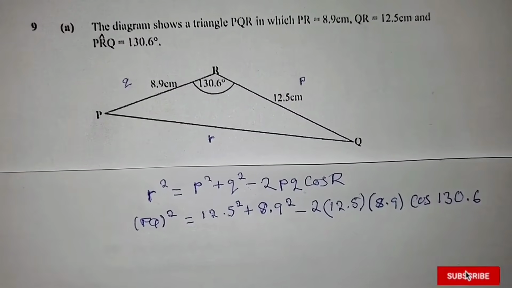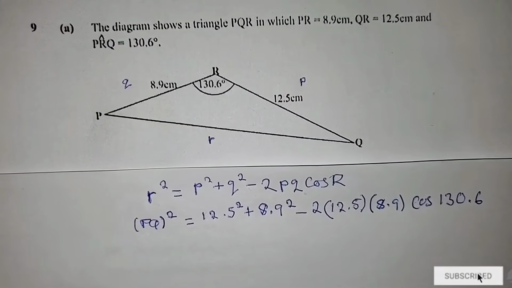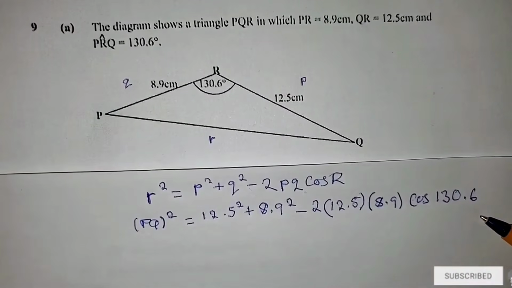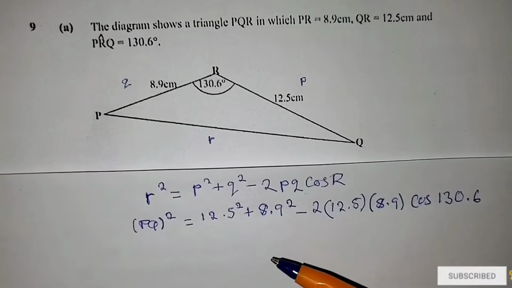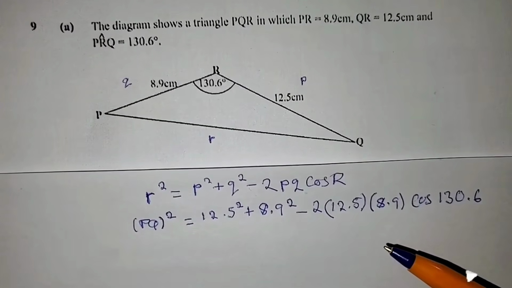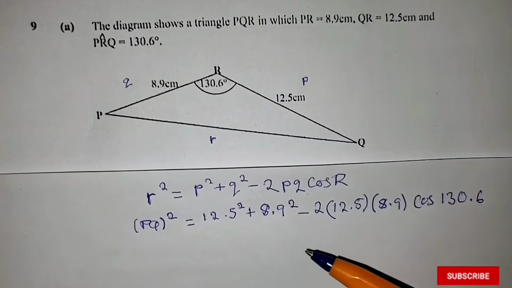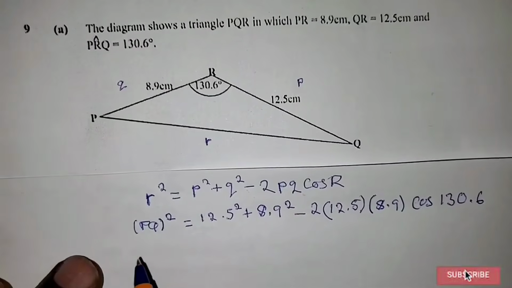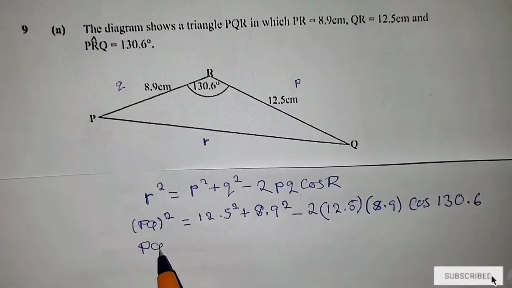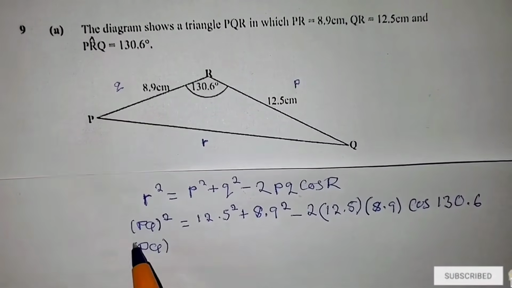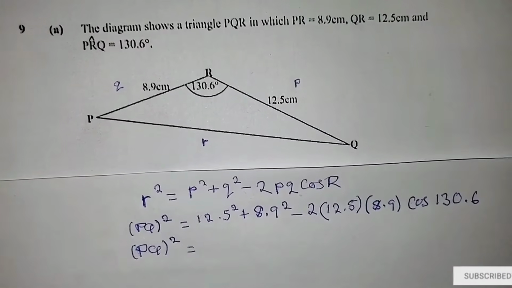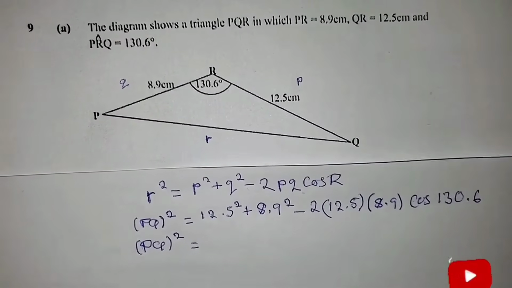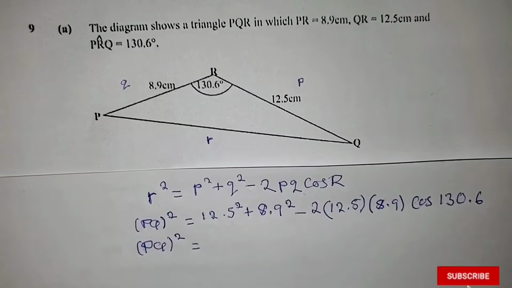Now, do you know that you can punch everything here on the calculator? But please don't do so. Just work it out, because you need to show your working. What you are doing, you need to show. So PQ squared is equal to, what is 12.5 squared?